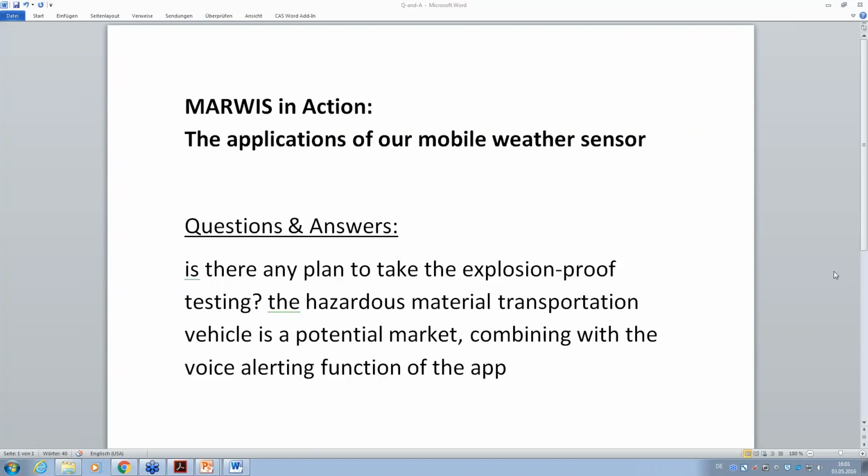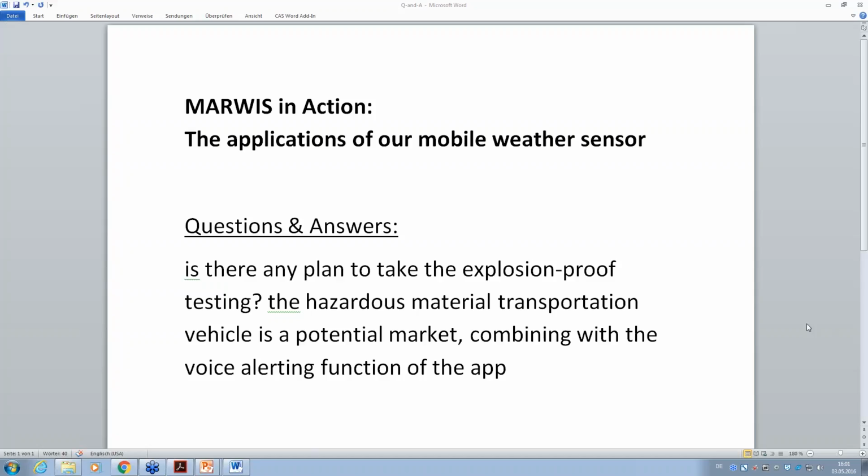So technically certainly possible, but that requires very low voltage of the MARWIS. Right now we have 12 volts. We certainly would have to bring the power consumption down to a lower level with a totally different housing.